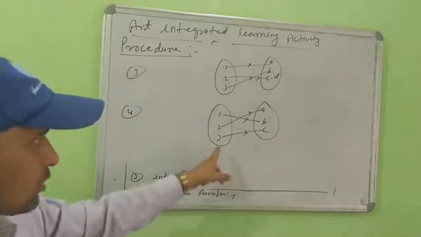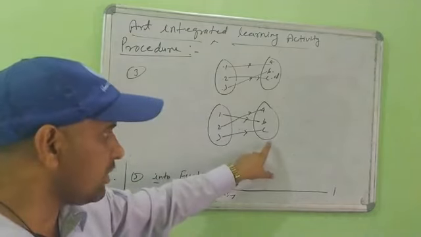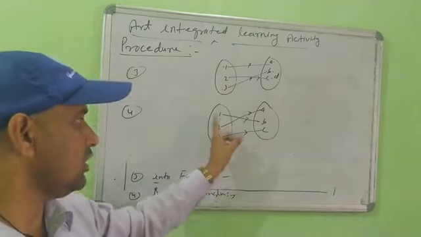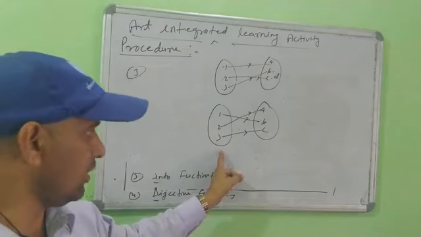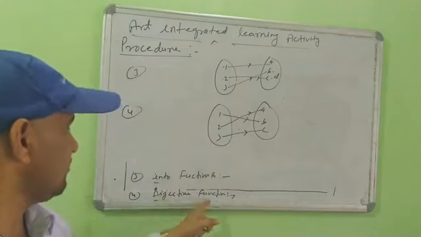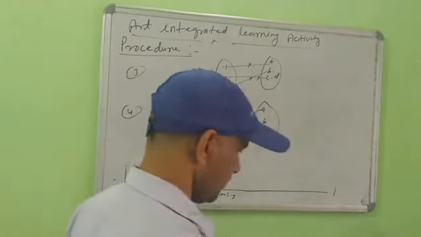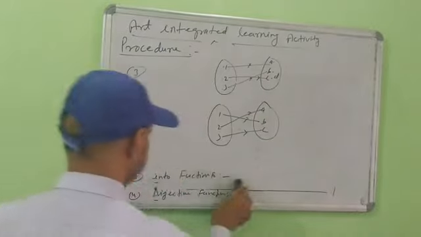Every element of the domain has an image in the codomain, and every element of the codomain has a unique image in the domain. In this type the function is called the bijective function.